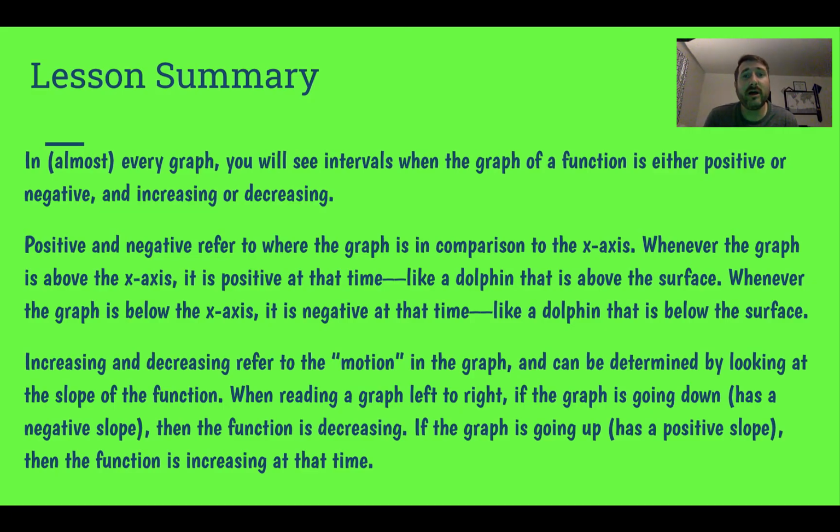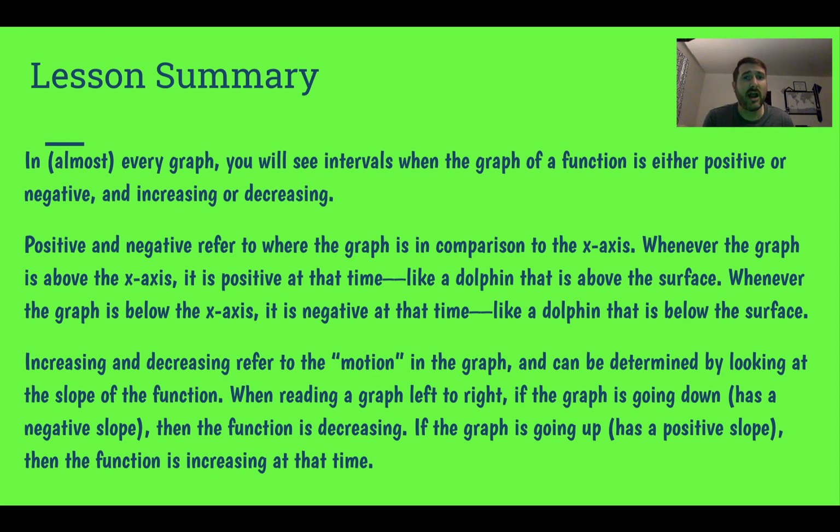In this lesson, we learned about positive or negative and increasing or decreasing. In almost every graph, there are going to be intervals where the graph is either positive or negative and or increasing or decreasing. So positive and negative refer to where the graph is in comparison to the x-axis.